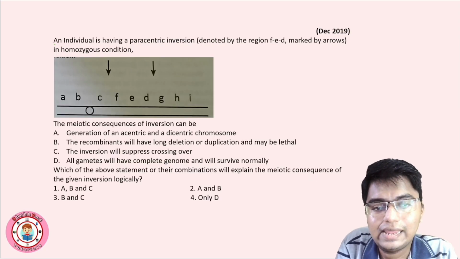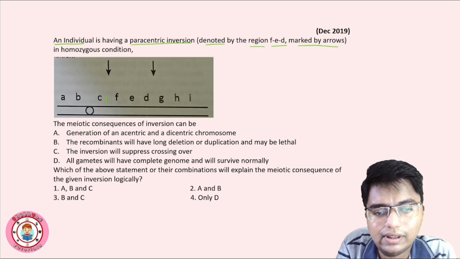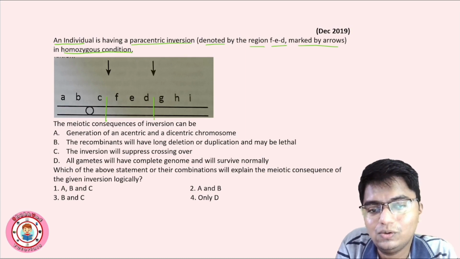Now again, an individual is having a paracentric inversion. यहाँ पे दे दिया है क्वेश्चन में paracentric inversion है denoted by region FED marked by arrows, in homozygous condition, ये homozygous condition दिया है.